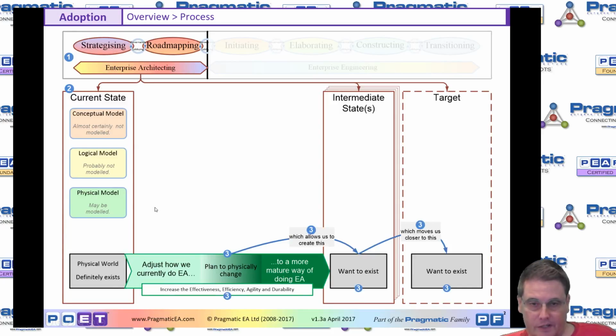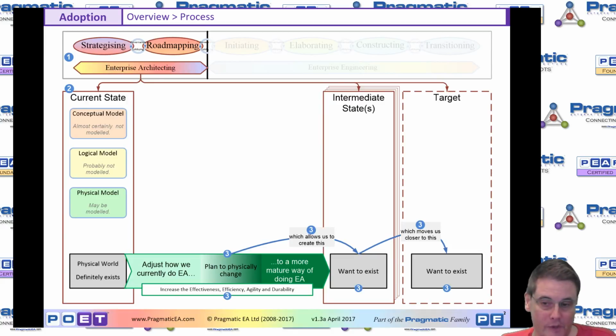So what we want to do is adjust how we currently do enterprise architecture to a more mature way of doing enterprise architecture. I try and talk in terms of maturing how you do enterprise architecture because it's not really correct to say whether people are doing it in a right way or a wrong way, because it depends a lot on your organization, how complex you are, where you are in your journey, and lots of other factors.